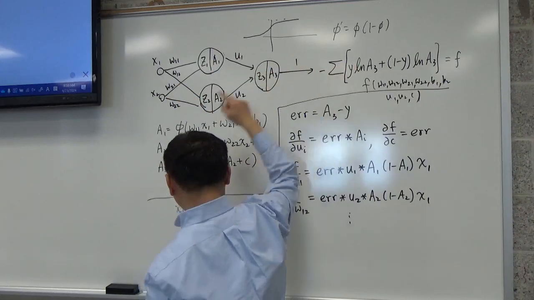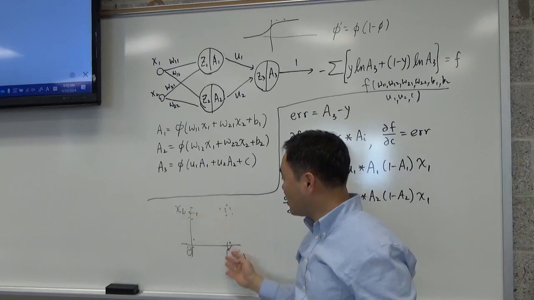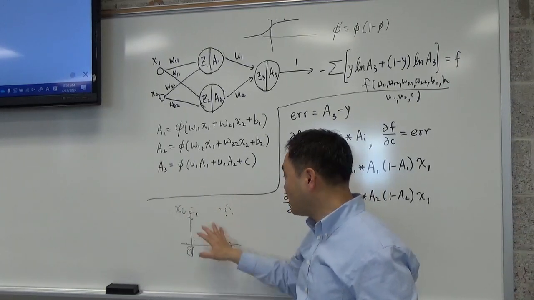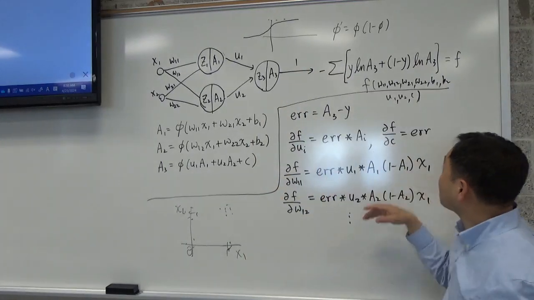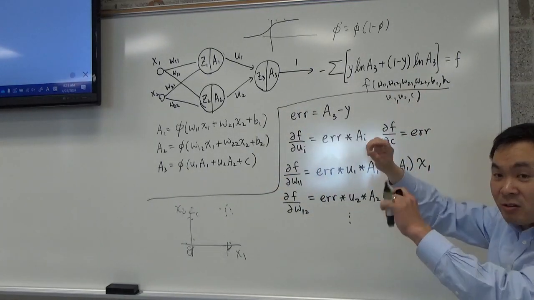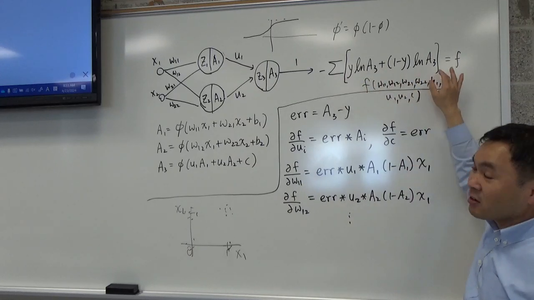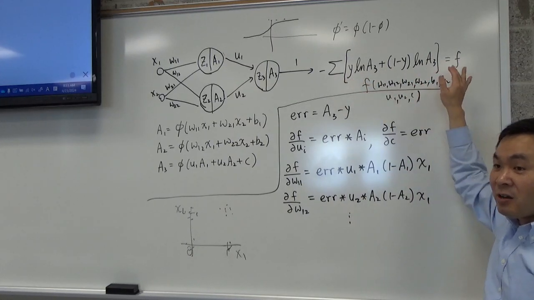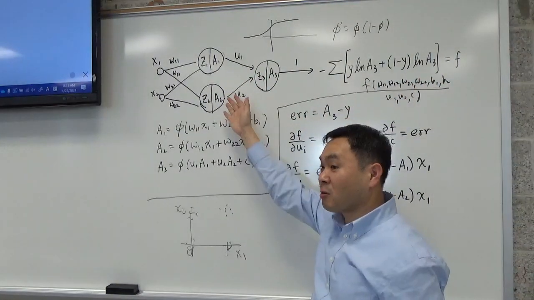It is right, but what's happening is that we're fixing the examples. So the 4,000 examples that we feed in will be fixed. And we're just going to tweak these parameters little by little until this is minimized. And when it does get minimized, then this machine will be able to compute the XOR perfectly.